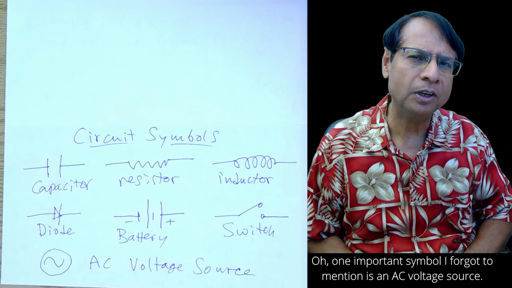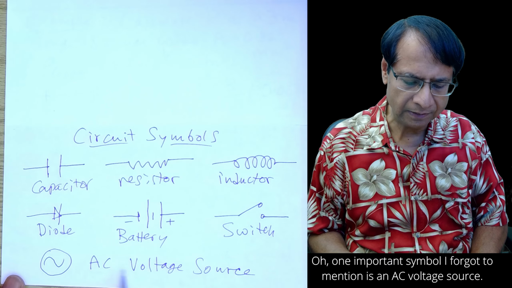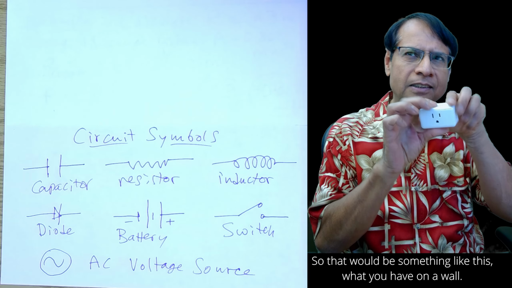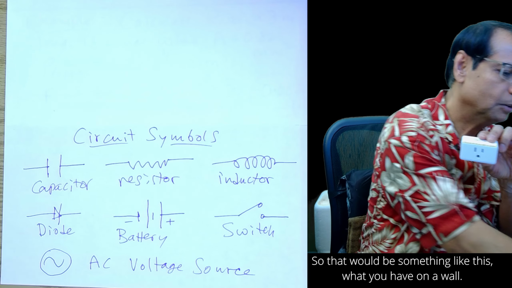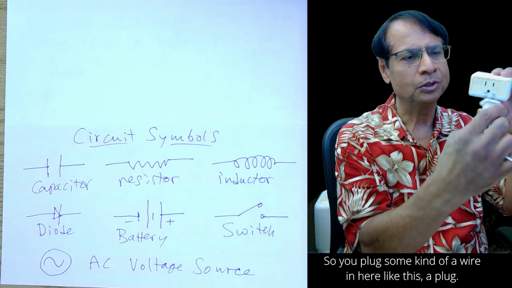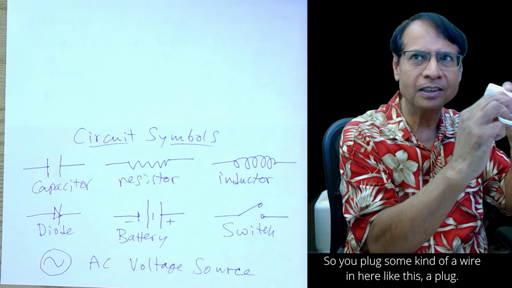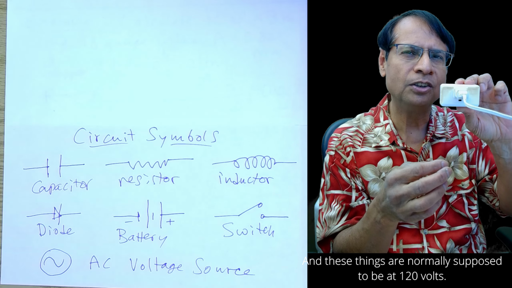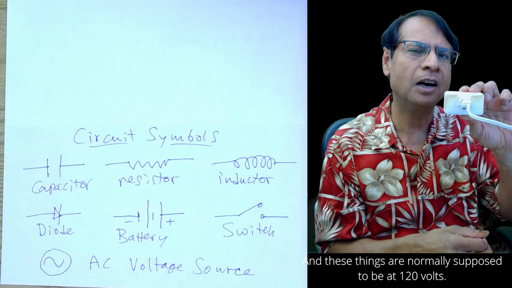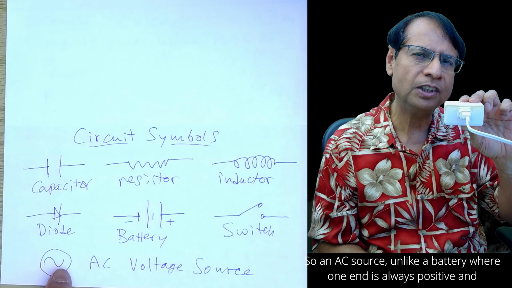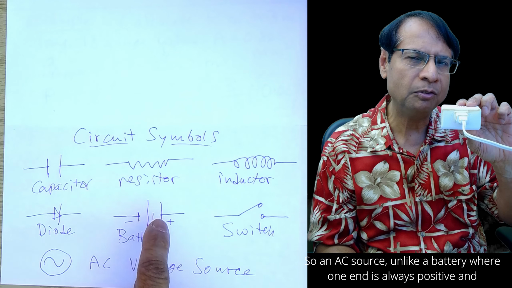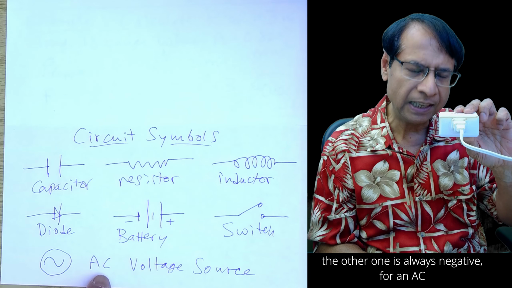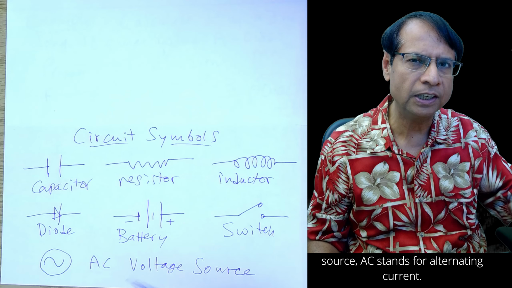Oh, one important symbol I forgot to mention is an AC voltage source. So that would be something like this. What you have on a wall. So you plug some kind of a wire in here like this, a plug. And these things are nominally supposed to be at 120 volts. So an AC source, unlike a battery where one end is always positive and the other one is always negative, AC stands for alternating current.